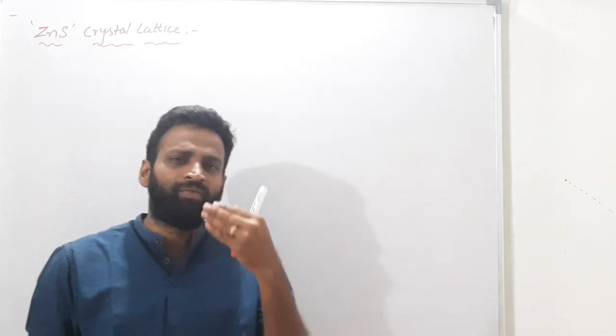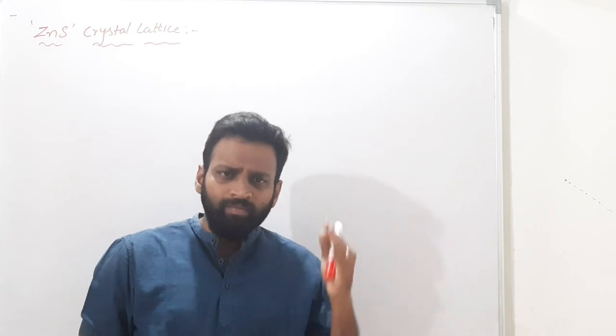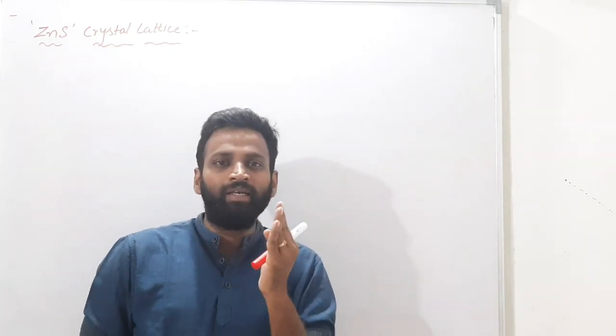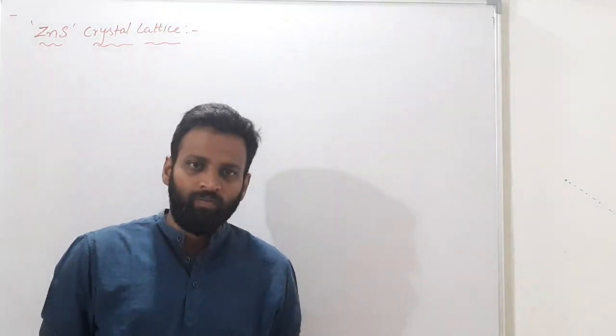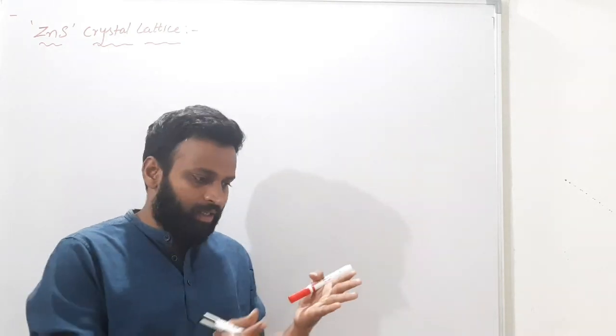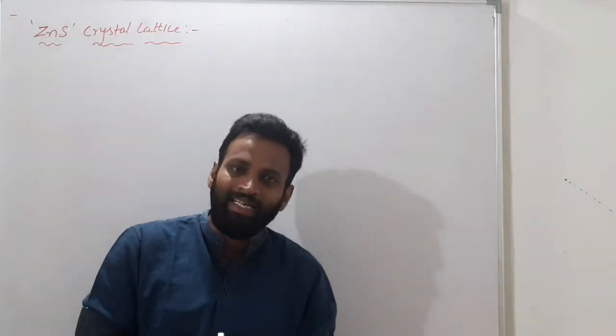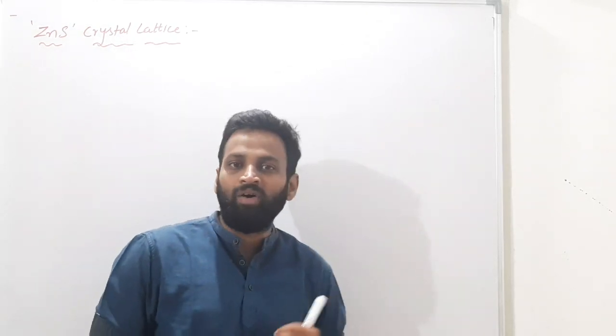Why am I telling you about the effective number of atoms? Because every time it will come up in numericals like density and volume calculation. You must know the formula of the crystal lattice. Previously we discussed numericals on tetrahedral voids and octahedral voids.